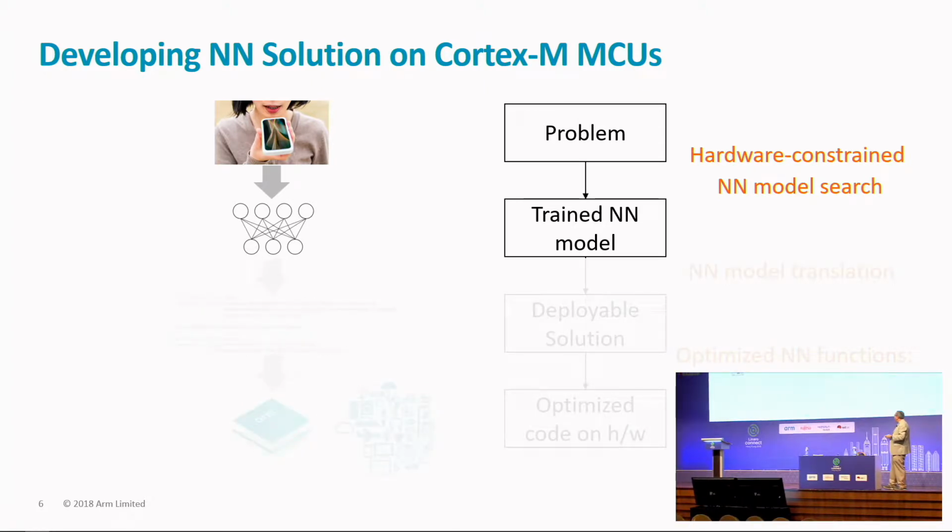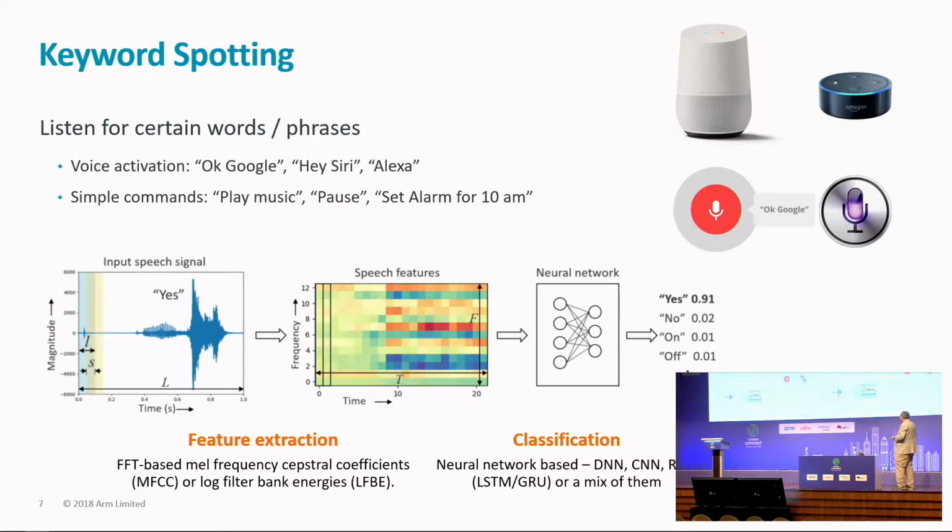So let's have a look at how we go about choosing a neural net model. For something like vocabulary recognition, keyword searching, that kind of thing, there are a number of neural net models that are actually applicable.